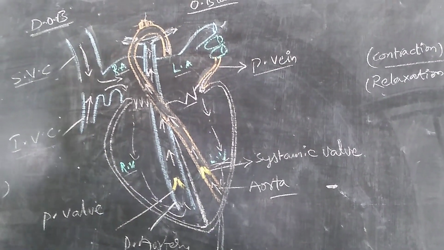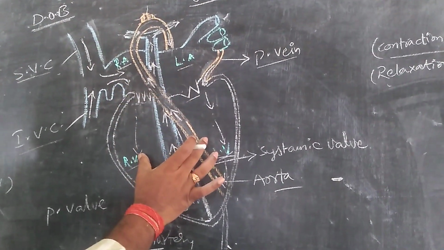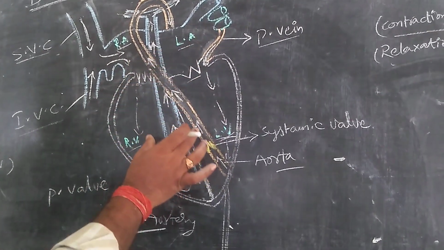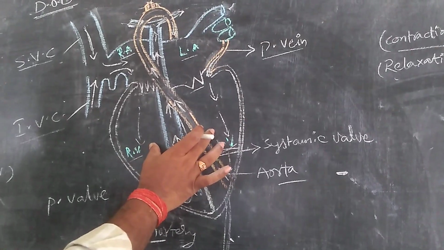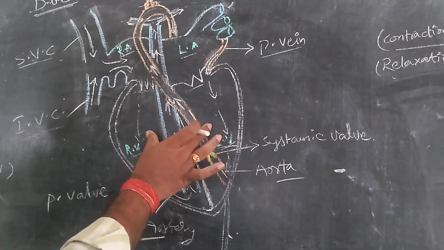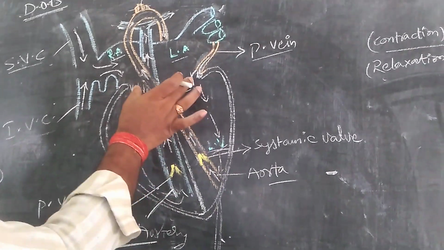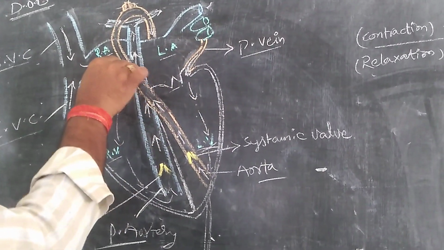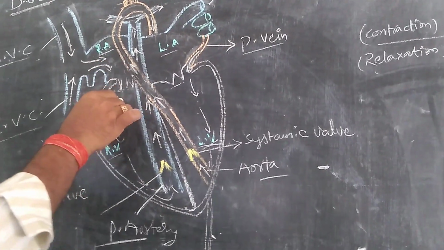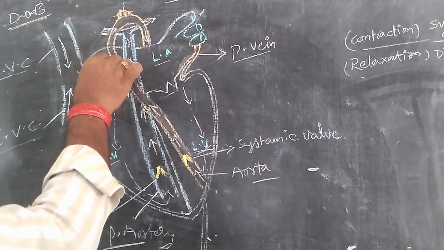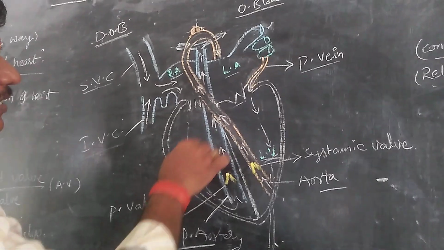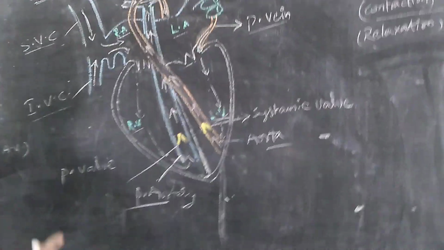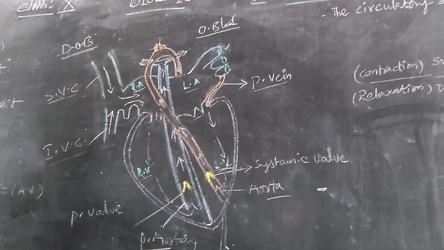But when the blood reaches the ventricles, the atria relax. So now the blood is in the ventricle position. When the ventricles contract, the blood tries to go in an upward direction, but the atrioventricular valves, present between the right atrium and right ventricle, and left atrium and left ventricle, have to close, and we hear the loud sound, lub.